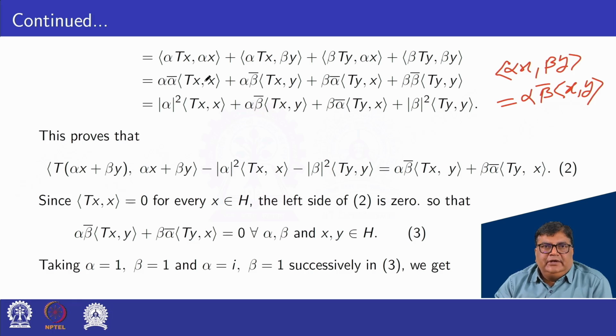So this can be written as |alpha|^2 (Tx, x) + alpha beta bar (Tx, y) + beta alpha bar (Ty, x) + |beta|^2 (Ty, y).